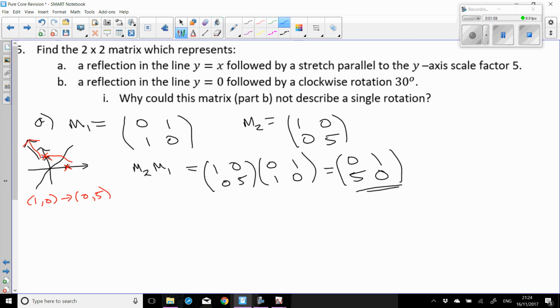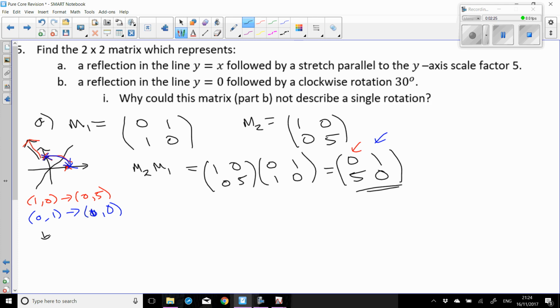What happens to the other point? Well, the point (0, 1) goes on to the point (1, 0), but then it's not affected by the stretch because that's parallel to the y-axis and it's on the x-axis, so that stays where it is at (1, 0). And as you can see, that matches our final matrix.